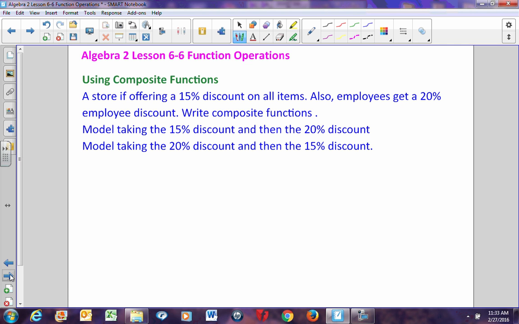So I'm going to let d of x equal my store discount, which would be x minus 0.15x, or 0.85x, right?